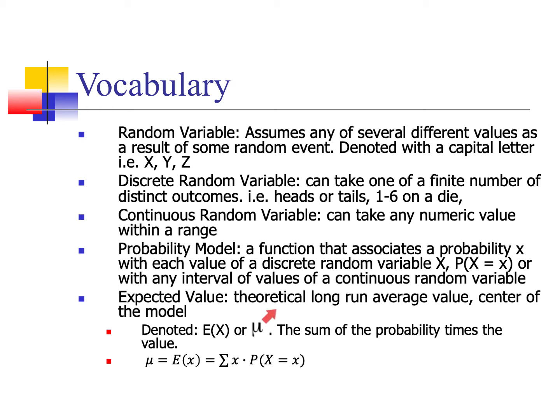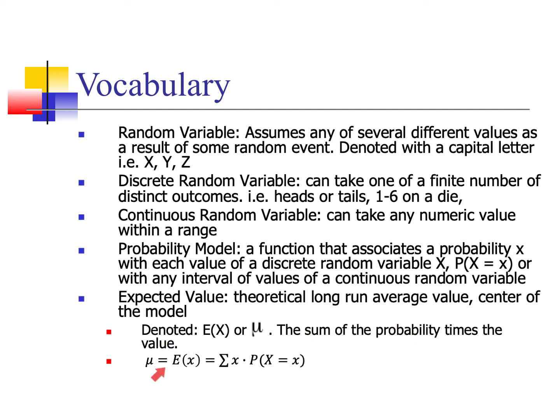The expected value is the theoretical long-run average value. It's the center of the model. We have two notations for that. Capital E of X, or whatever variable you're using for your random variable, or mu. It's the sum of the probability times the value.